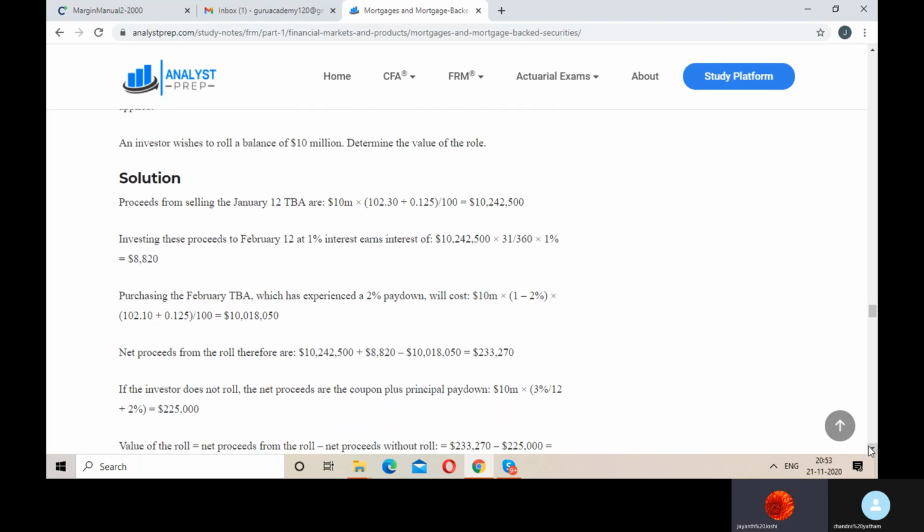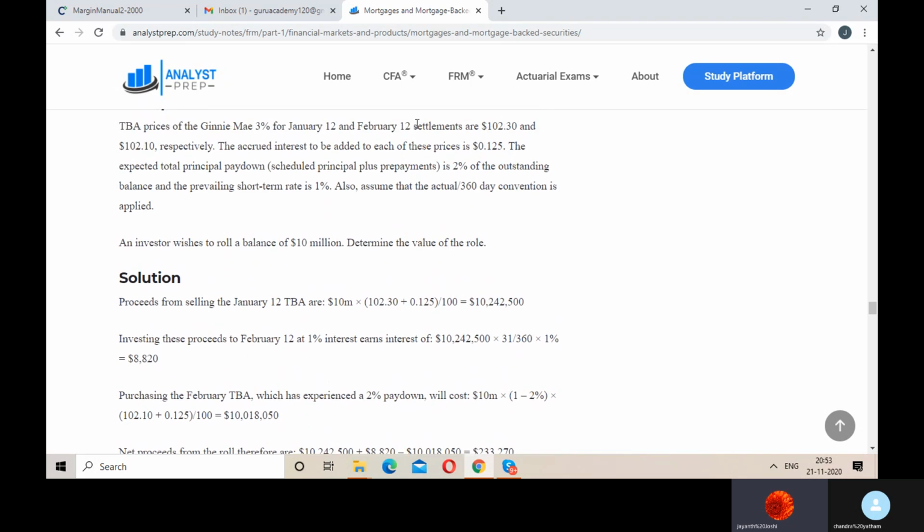So let's see, proceeds from selling the January 12 to be announced are 10 million times 102.30, that is the January 12 settlement, and the interest you have to add. So this is coming to this.